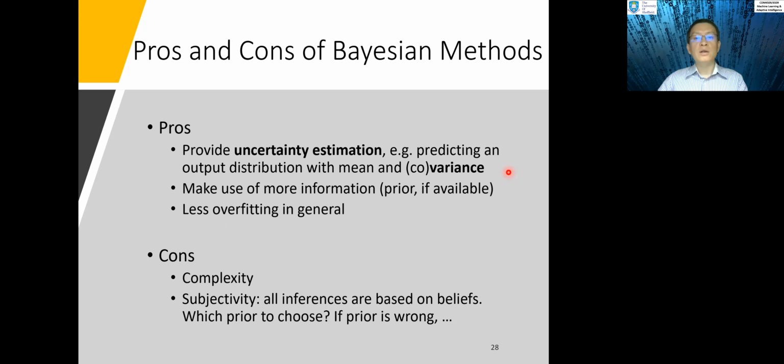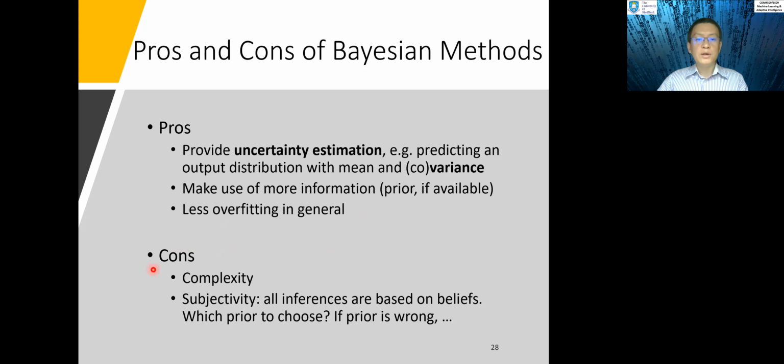So in practice, this can be very useful because not every prediction is equal, and some predictions may be very confident and some predictions may be very uncertain. So it's good to know how confident a prediction is so that we can make decisions accordingly. And Bayesian methods also make use of more information, such as prior knowledge, and they tend to lead to less overfitting compared to a comparable linear regression model.